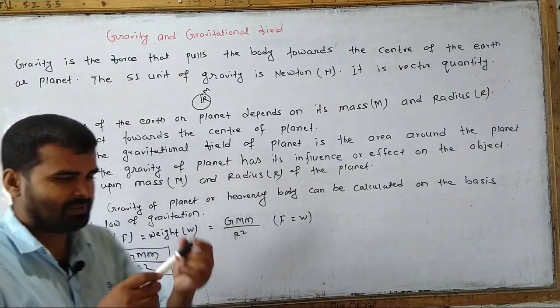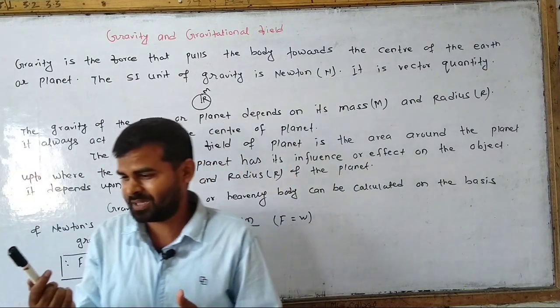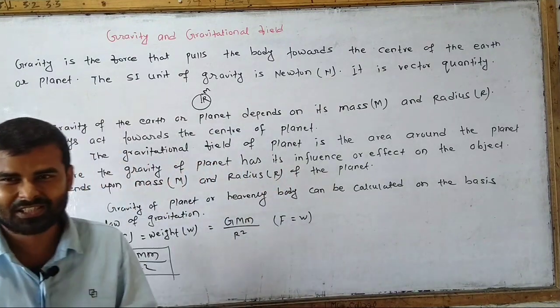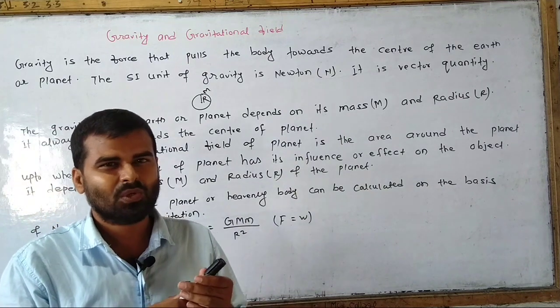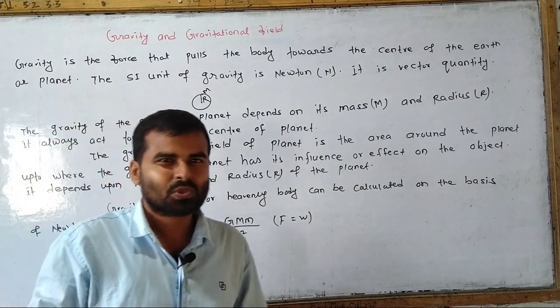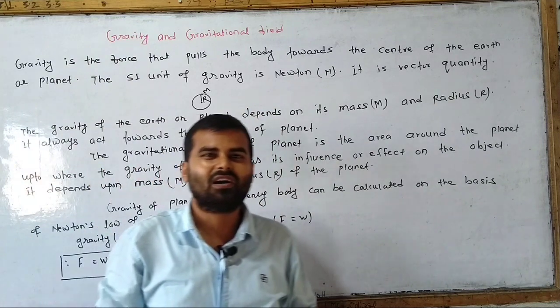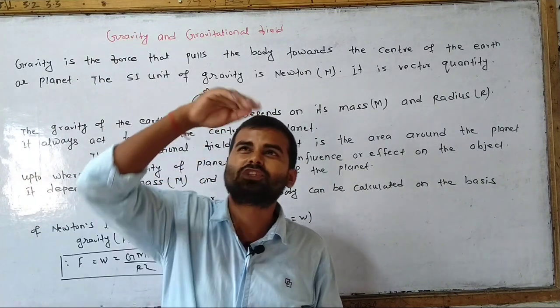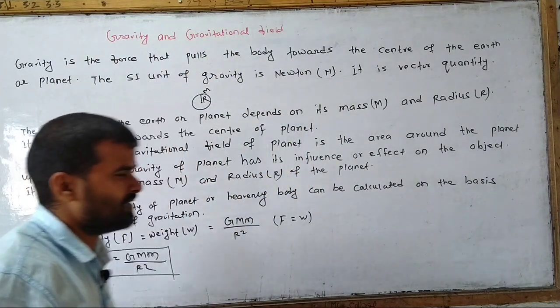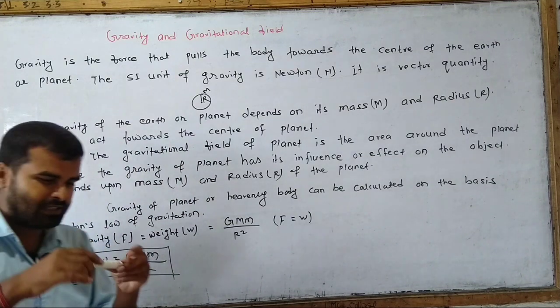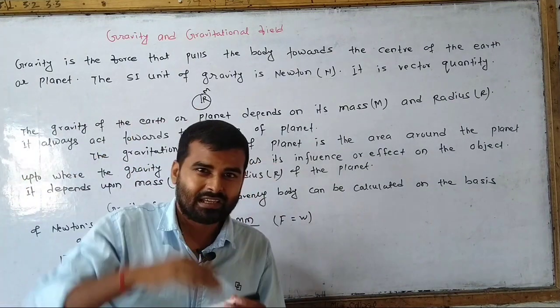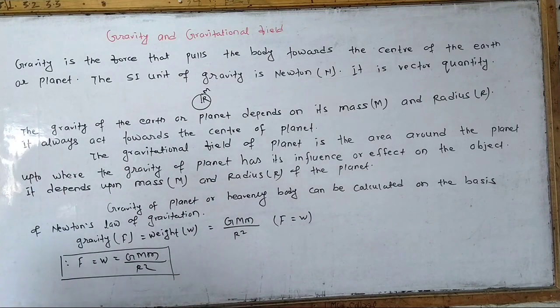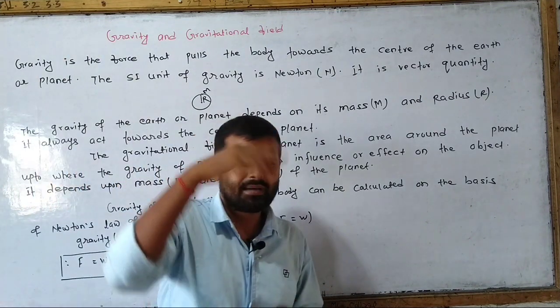But suppose this is a bullet. If you fire the bullet with such a force, it never returns to the Earth's surface, meaning it goes beyond the gravity. Up to where it remains within the gravity, it remains on the Earth, but when it is beyond the gravity, it never returns.